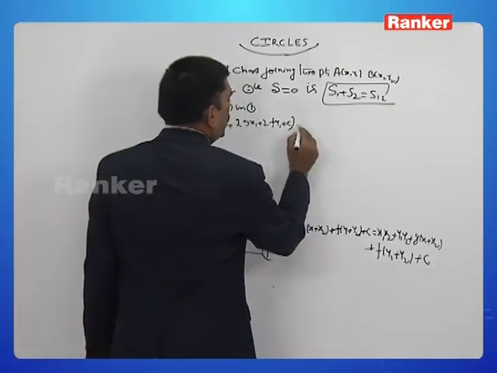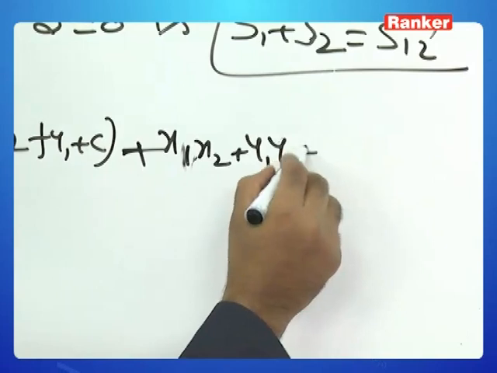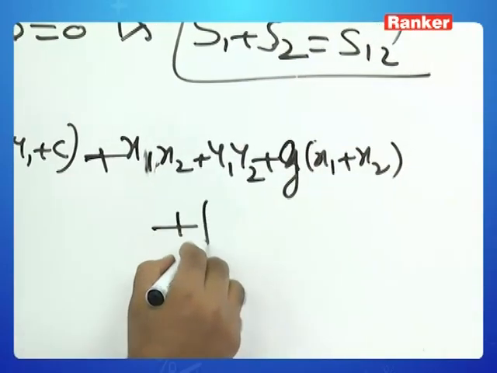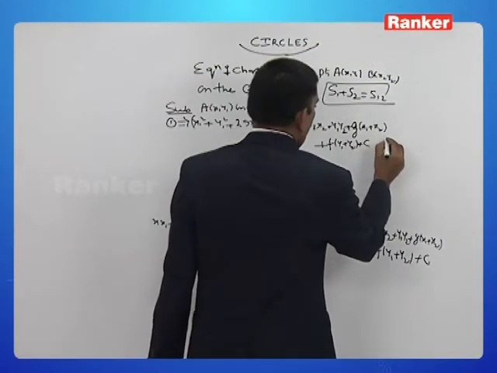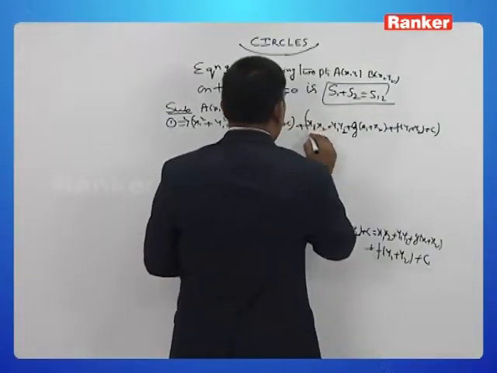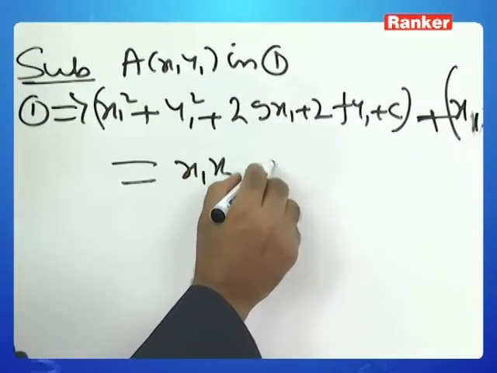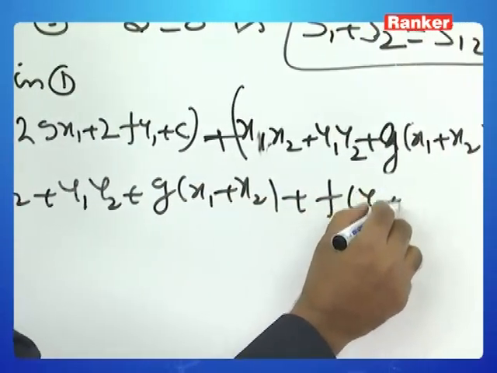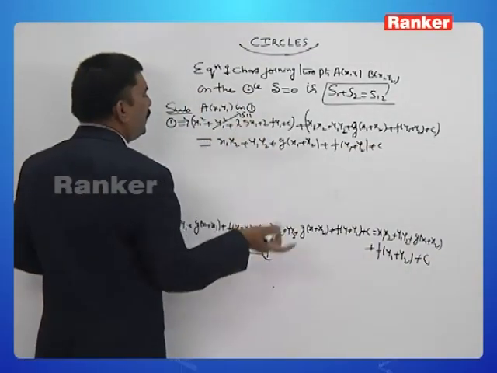Therefore this becomes x1 x2 plus y1 y2 plus g into x1 plus x2 plus f into y1 plus y2 plus c, which is equal to S12. The left side is nothing but S11, and we know S11 is equal to 0.